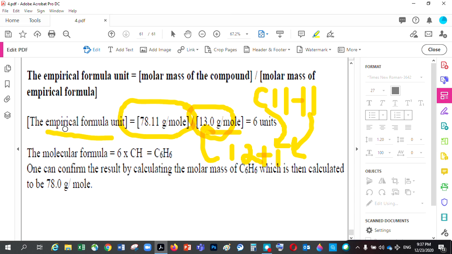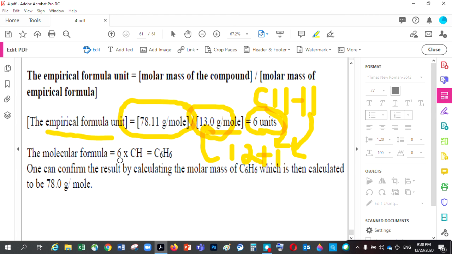So the number of empirical formula units is the molar mass of the whole, actual molecule divided by the molar mass of the empirical formula. The empirical formula is C1H1. The molar mass of the empirical formula is 13 gram per mole. The given molar mass of the whole structure is 78, and it turns out to be 6 units.